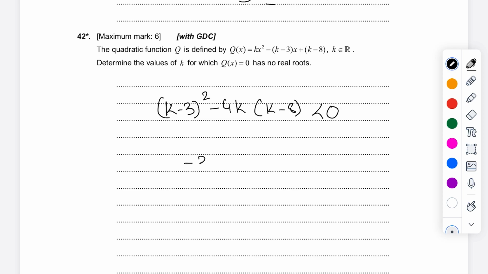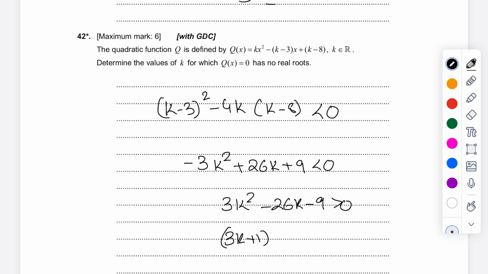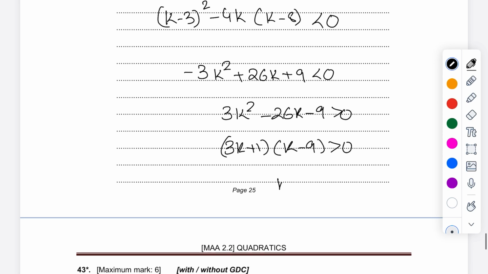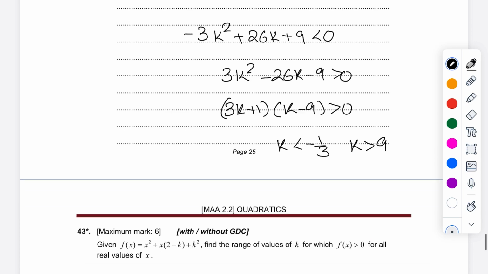So when I do that, I'm directly writing minus 3k square plus 26k plus 9 is less than 0. So, or 3k square minus 26k minus 9 is greater than 0. So 3k plus 1 times k minus 9 is greater than 0. So k is less than negative 1 upon 3, k is greater than 9.